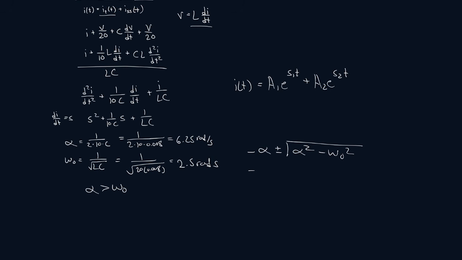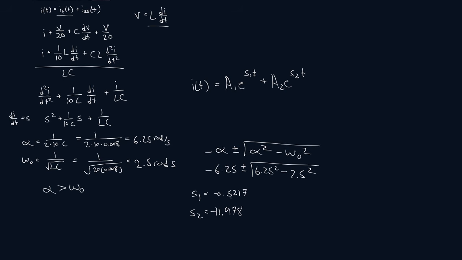So we just plug in our values for alpha and omega to get our roots. So S1 and S2 will be equal to 0.5217 and minus 11.978.